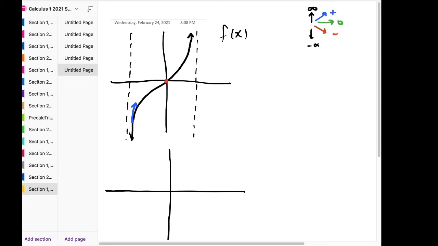Now, as you keep creeping to the left, what is happening to the derivative? So what is this asymptote telling you? Yeah, it's getting bigger. As you get close to this asymptote, think about the curve getting closer and closer to being a vertical line.